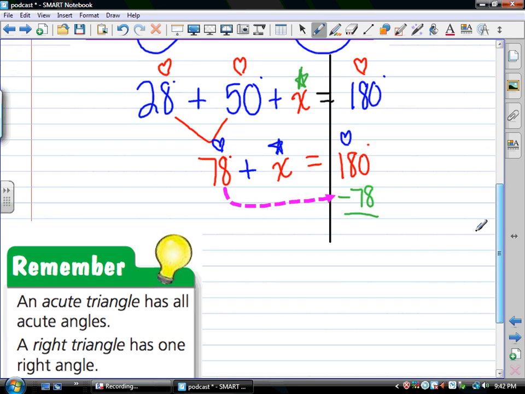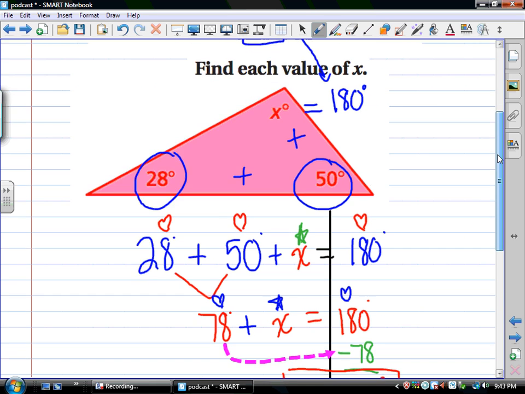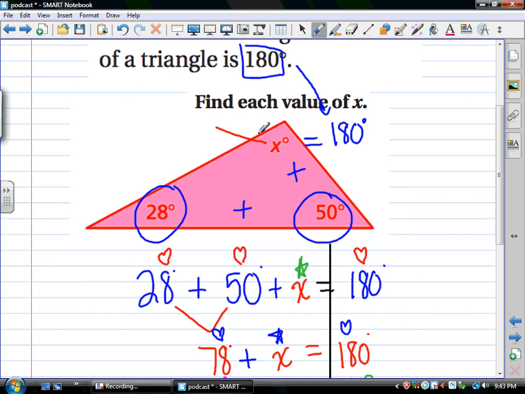When I subtract 78 from 180, that should give me 102. So I say x is equal to 102 degrees. The missing angle in this triangle is 102 degrees.